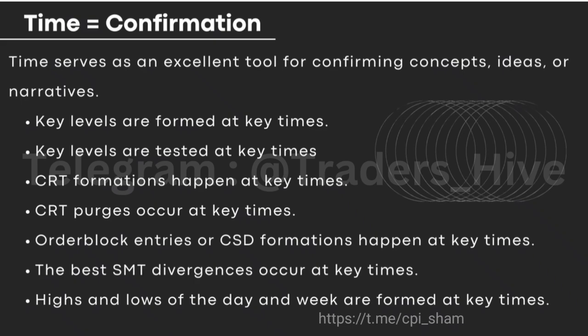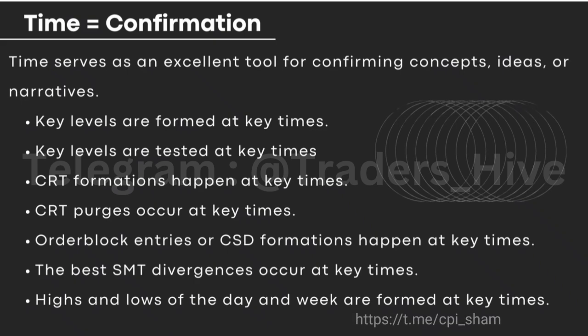That's what we call a change in the state of delivery, or CSD. And the entry that forms after it is called an order block entry, right? That generates after an order block is formed. And the best CSD and the best order block entry are formed at key times, right? Which means that when looking for entries, you have to look for key times for that to happen.